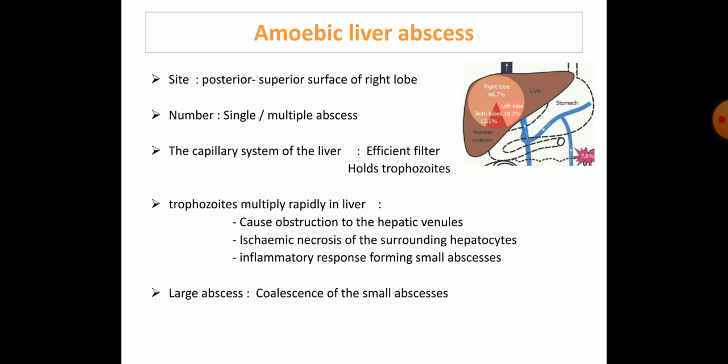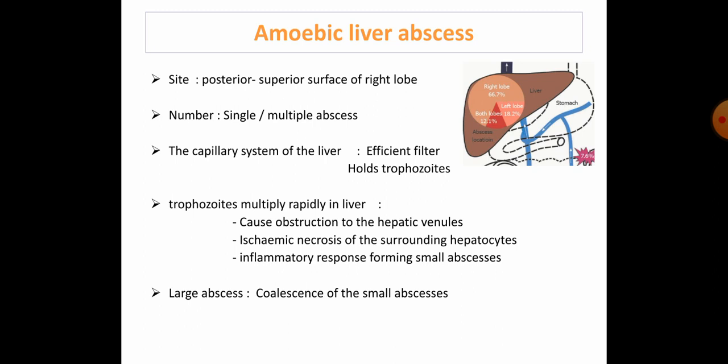What is the most common site where the abscess is seen? It is the posterior superior surface of the right lobe of the liver. These abscesses can be single or multiple. For the abscess to develop, the capillary system of the liver, as we all know, acts as an efficient filter.